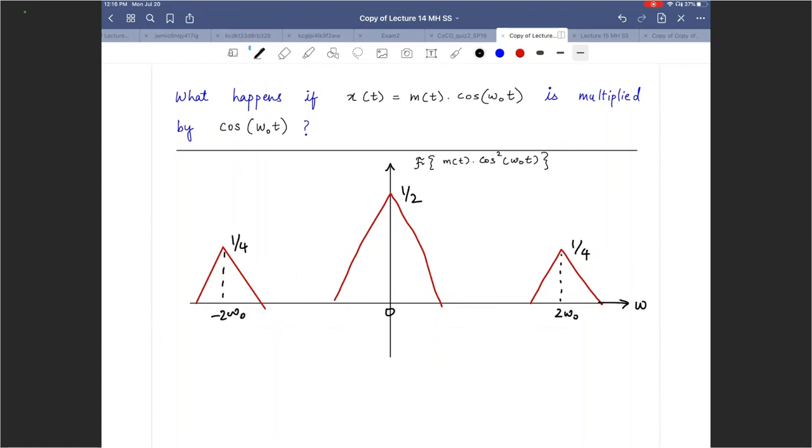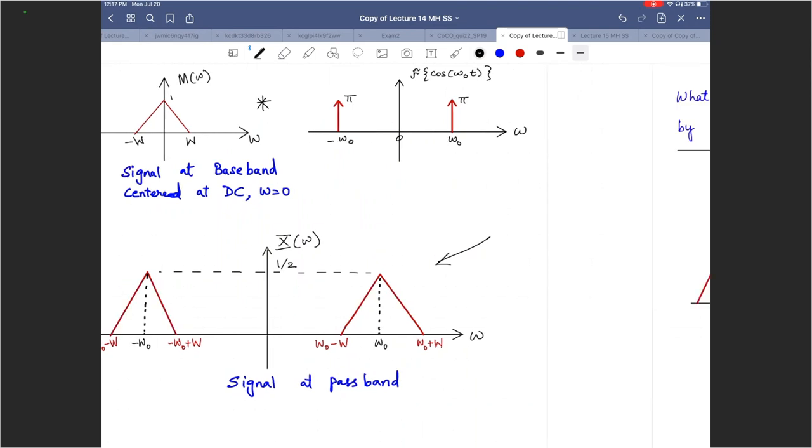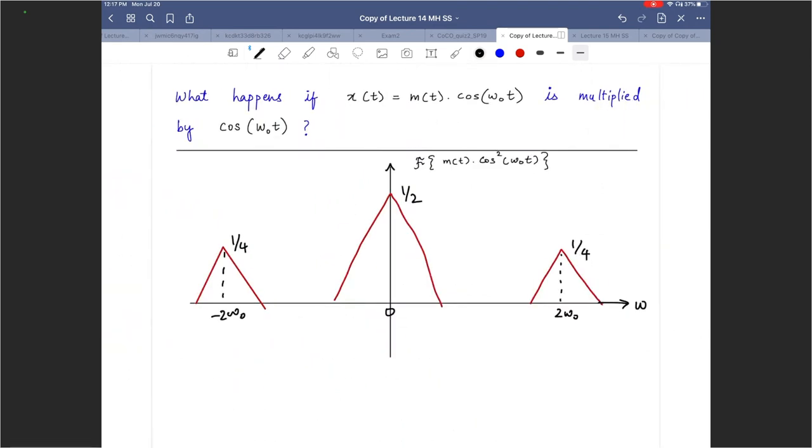Now, this is essentially what happens at the receiving side of things, right? You transmit a signal, which will have the Fourier transform that looks like this. When you receive it, you multiply the signal with the same cosine that you used at the transmitter, same carrier signal, and then you essentially use a low-pass filter. So if I put a low-pass filter here in frequency, I can just extract the signal out, right?